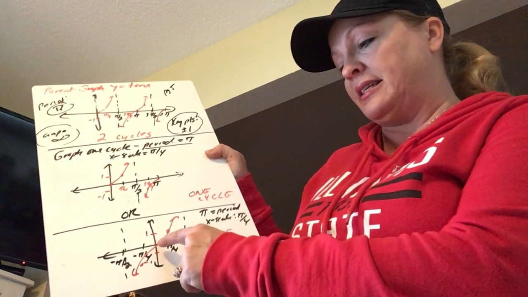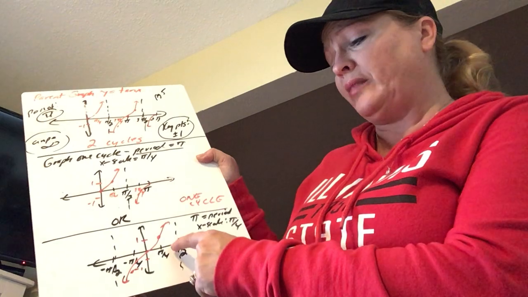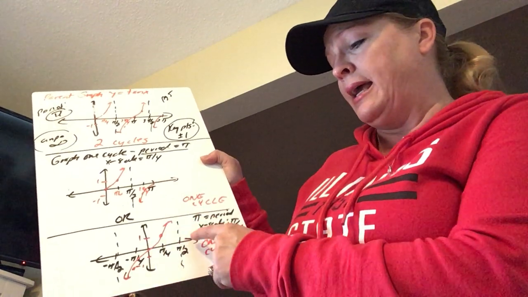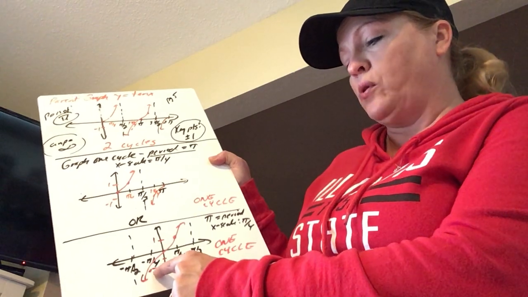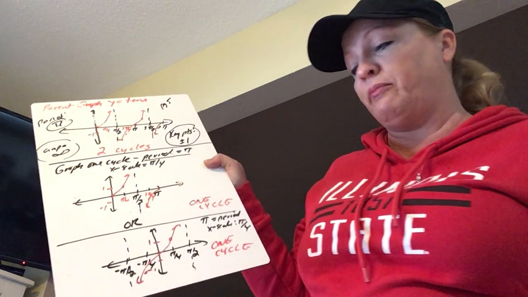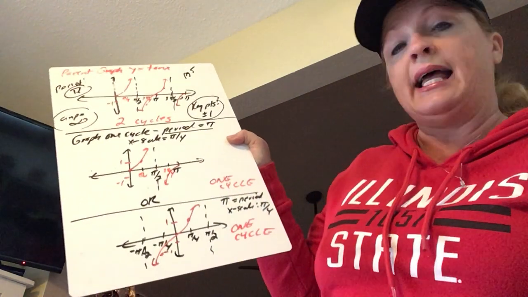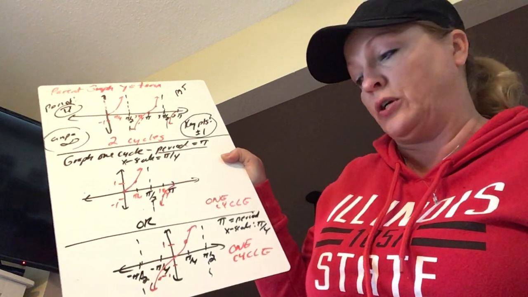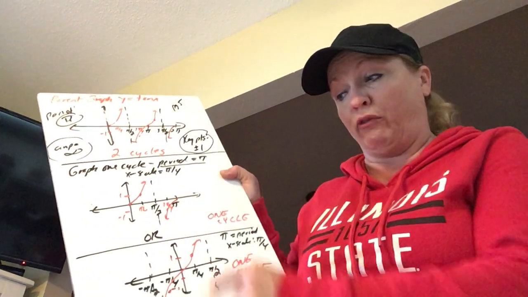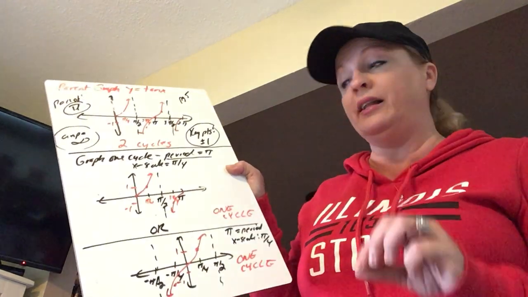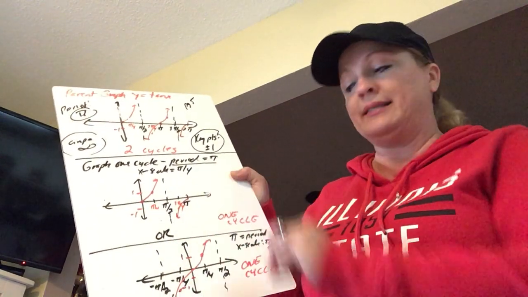So tangent is 0 at 0. It is 1 at pi over 4, and an asymptote at pi over 2. At negative pi over 4, it's at negative 1, and at negative pi over 2, it is undefined, so you have an asymptote. So I encourage you to choose whichever way you want to do, but I wanted to be clear that this is one cycle.